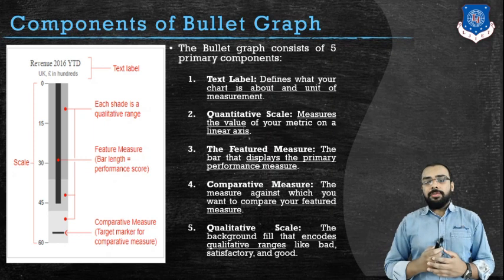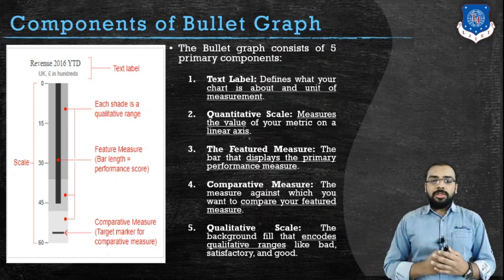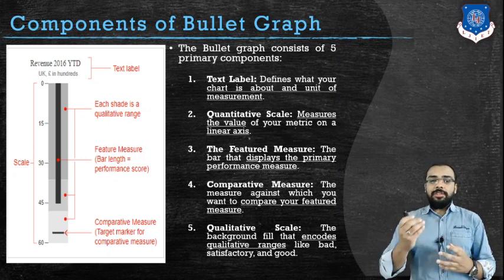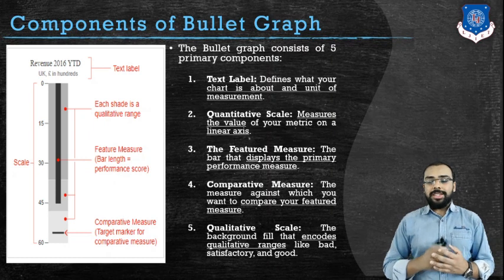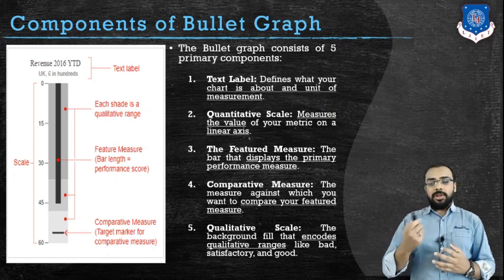Depending upon what you are constructing the bullet graph for, the qualitative values change. So we have seen 5 different components of a bullet chart: the text label, the qualitative measures, the quantitative scale, the comparative measure and the feature measure.